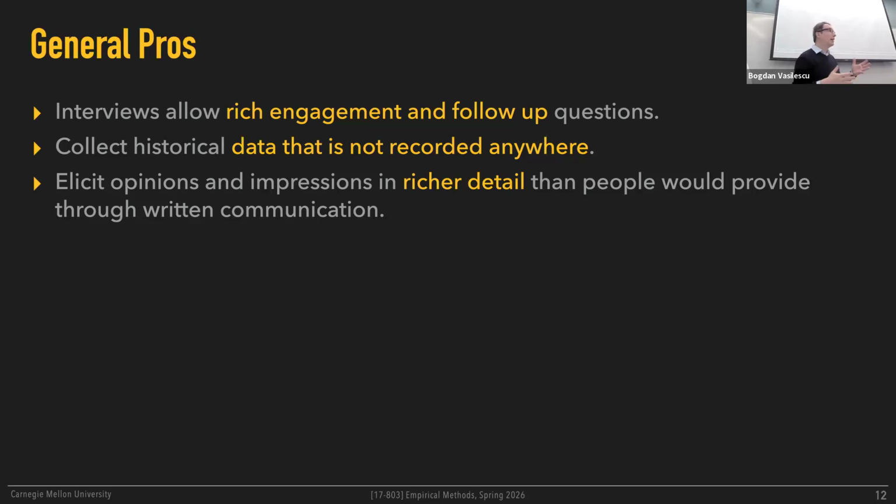Plus, in writing you're missing the ability to follow up and prompt them for additional information. Typing is complicated. For example, with open-ended survey questions, people often leave them empty if they're not mandatory, and they will not go into as much detail as they would if you talked to them in person via whatever medium.